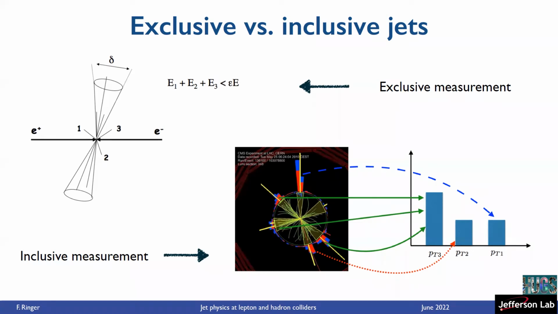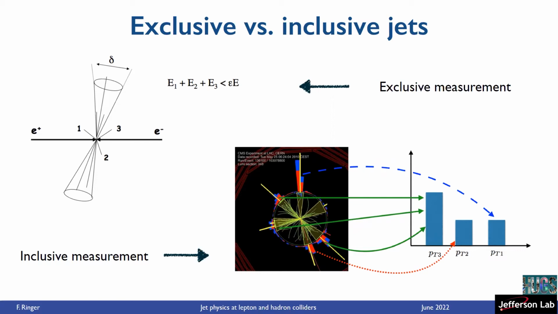That's one example of an exclusive measurement, where you put a cut or a constraint on the out-of-jet radiation, where you require that the sum of the total out-of-jet radiation is below a certain cutoff. That's most conveniently done in e+e- collisions, because you don't have incoming protons.